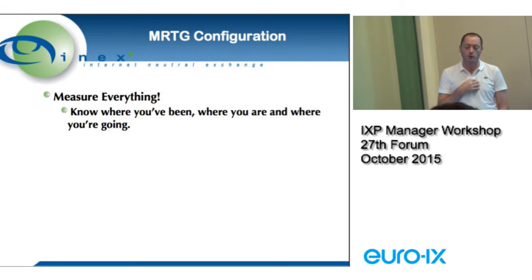At INEX we do static layer 2 ACLs, but it's not managed in IXP Manager at the moment. LunApp are doing dynamic port security, and they're screaming at us, in a nice way, to implement layer 2 static ACLs, and it's top of our development list.